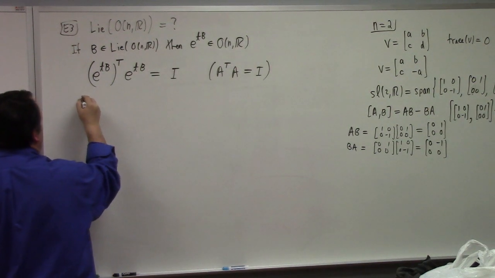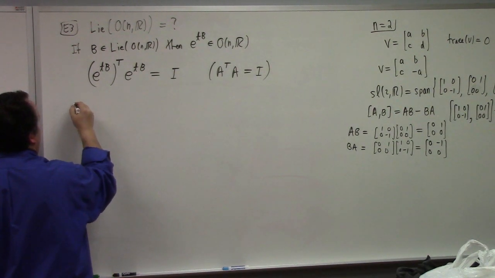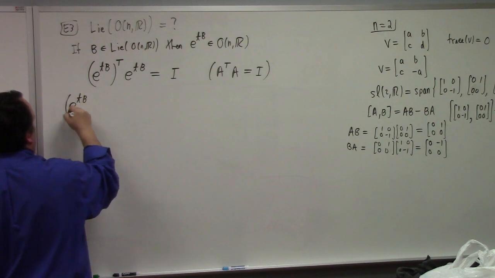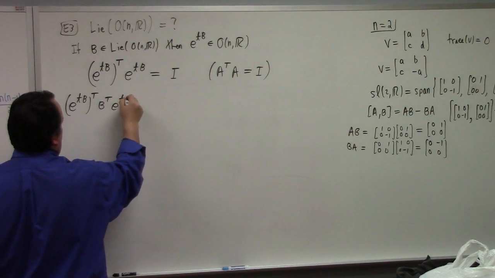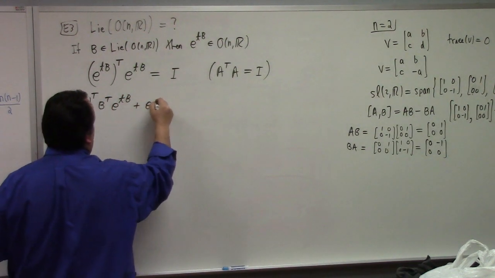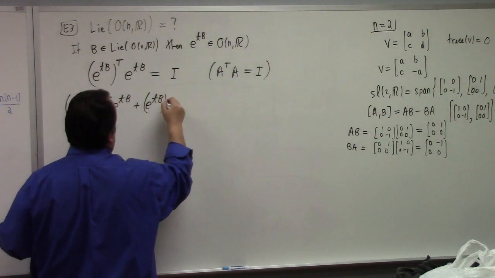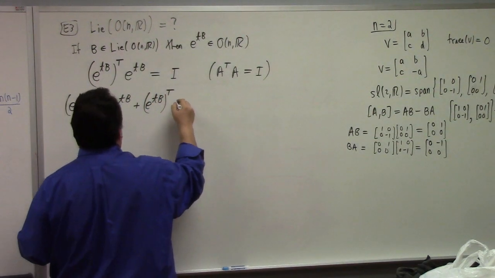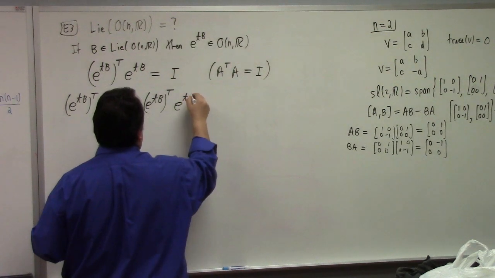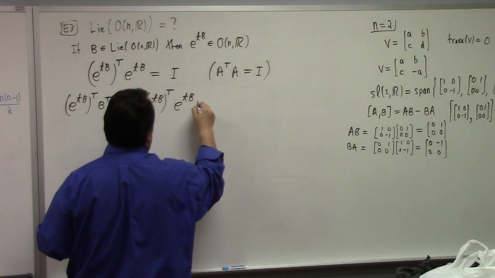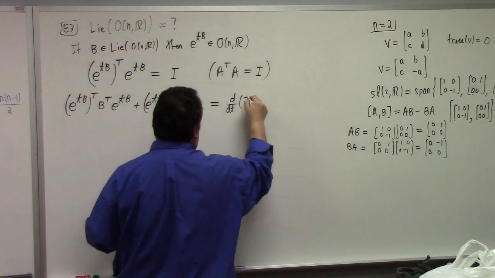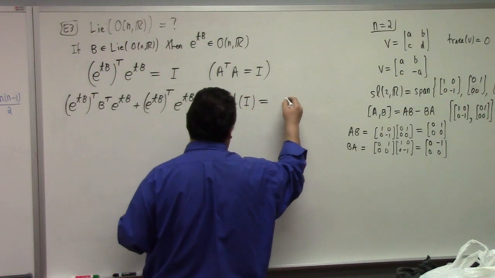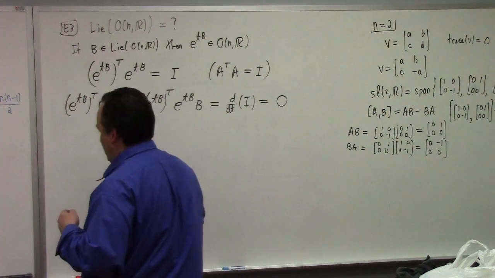So when you differentiate, you get e to the TB transpose times B transpose e to the TB plus e to the TB transpose times e to the TB times B. Now, you can write the B before or after the exponential, whatever. What's the derivative of the identity matrix? That's easier, right? 0.